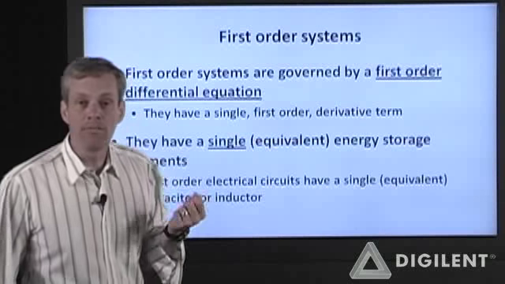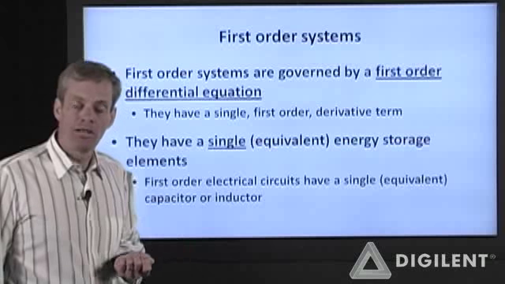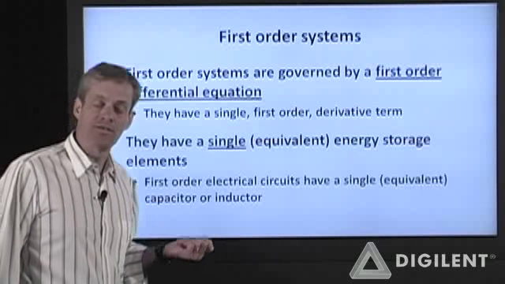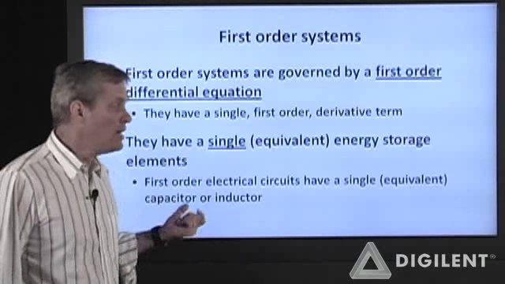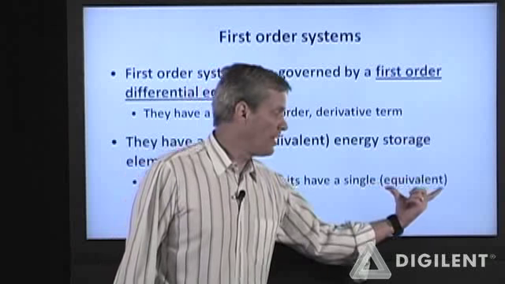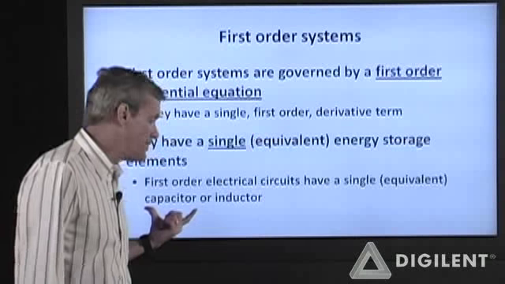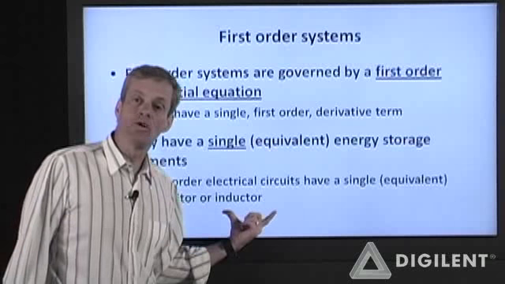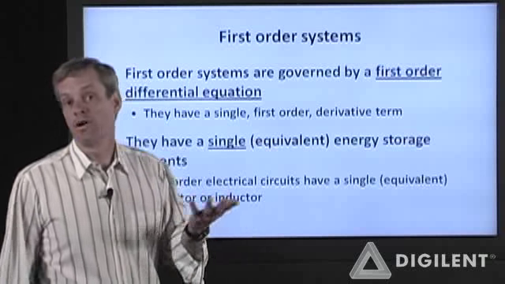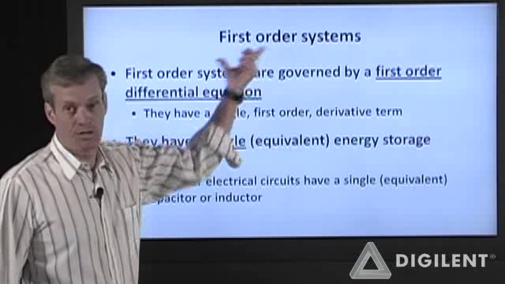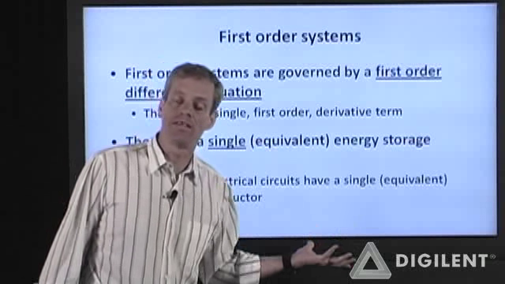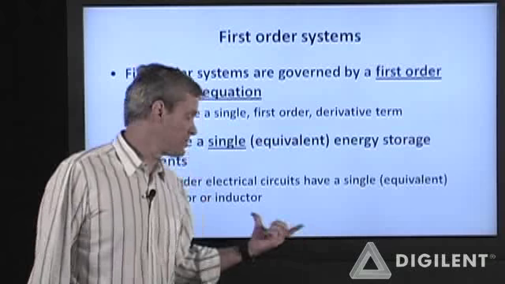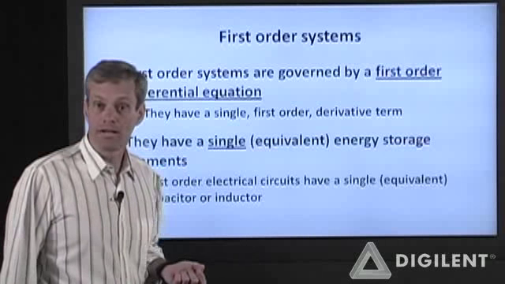As we've seen before, series and parallel combinations of capacitors and inductors can be simplified into a single capacitance or inductance. So what they really have is one single equivalent capacitor or a single equivalent inductor. So if there are two capacitors in a first-order circuit, they are either in parallel or series. You can replace those with a single equivalent capacitance. Likewise for inductors.